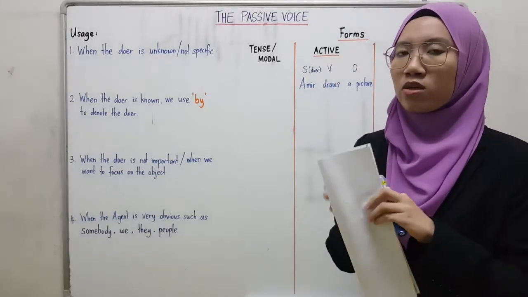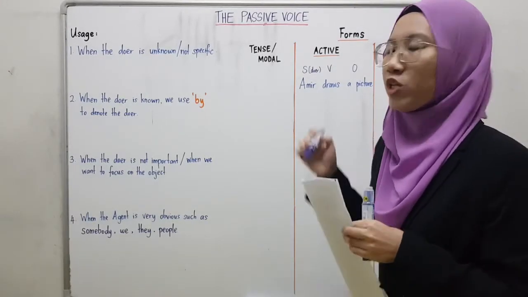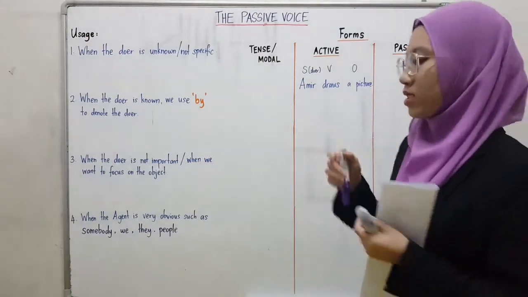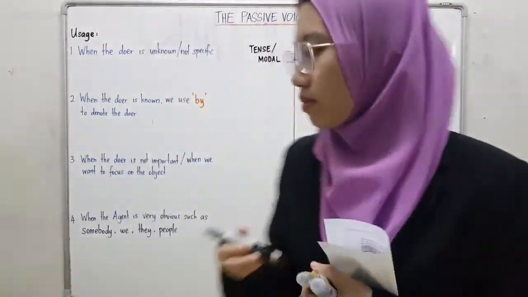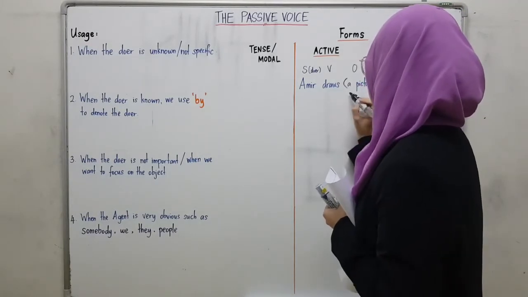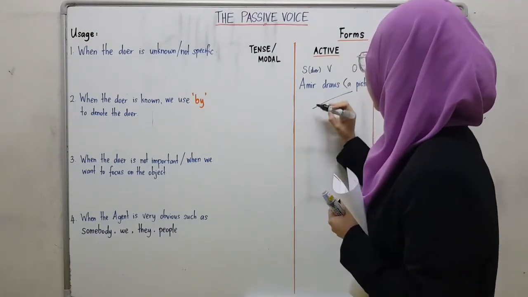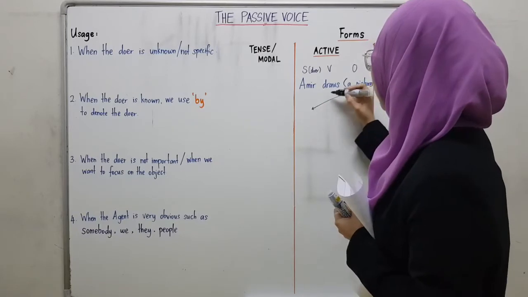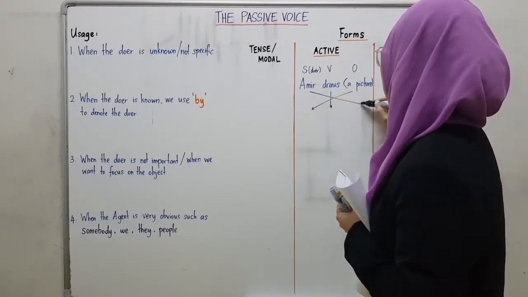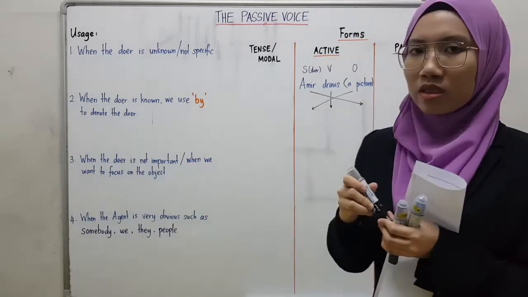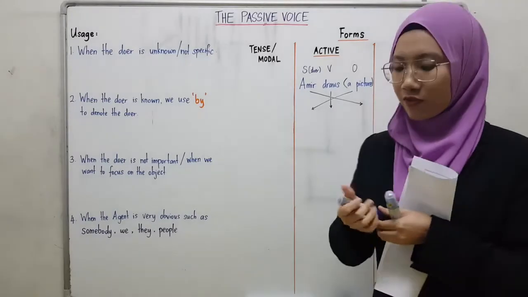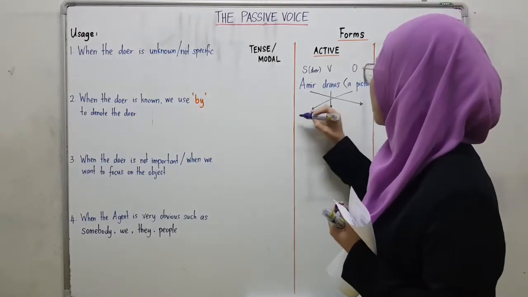So when we want to talk about passive voice, we change the position. So a picture we put at the start of the sentence. Okay, so a picture letak kat depan. So draws kat sini and Amir at the end of the sentence. Okay, so bila tukar jadi passive, so jadi a picture.